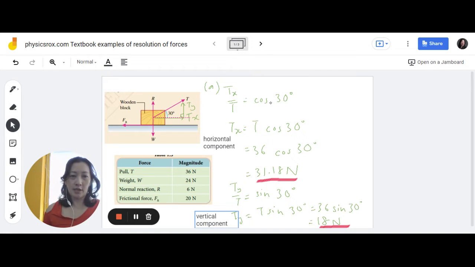The next question is to determine the magnitude and direction of the resultant force acting on the block. So, the reason why we want to find Tx and Ty is because if you look at this diagram, you'll find that it's hard to solve it with the original forces, right? Because you have W and R, they are in opposite directions to each other.